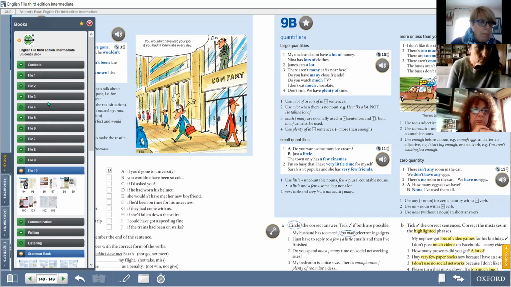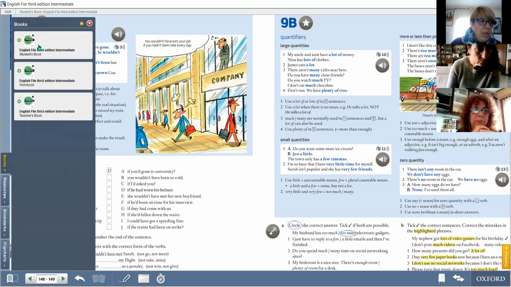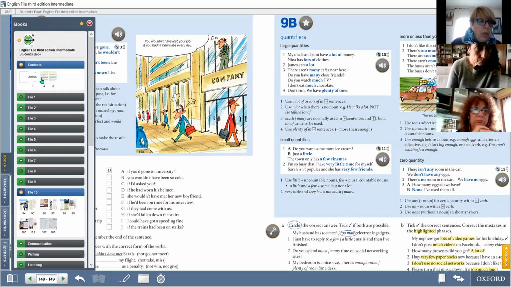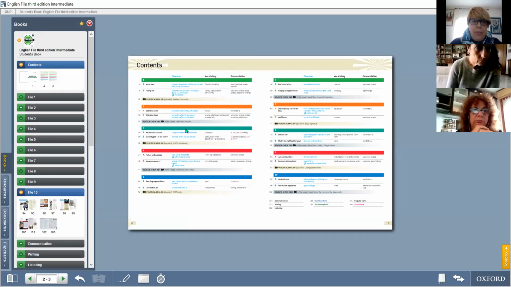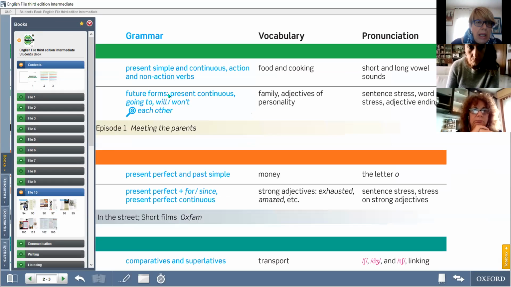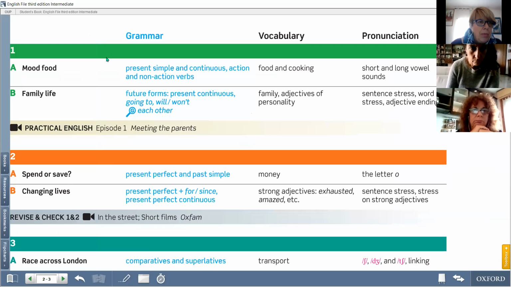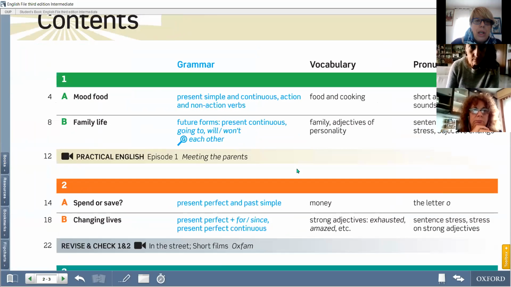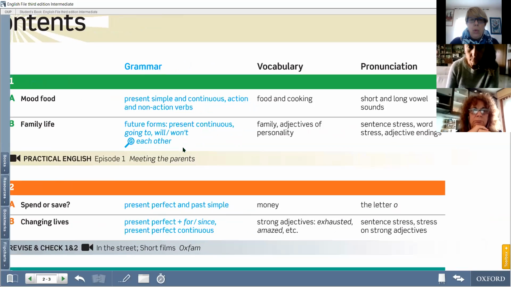You see, you have a student book with all the contents on the first page. Each unit is divided into three lessons. We are not following them lesson by lesson; we use what we need.